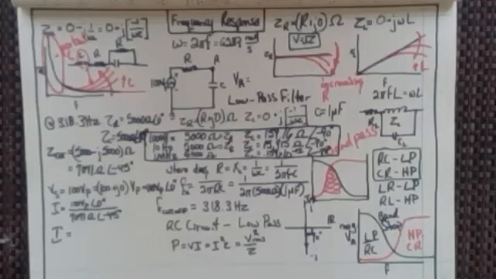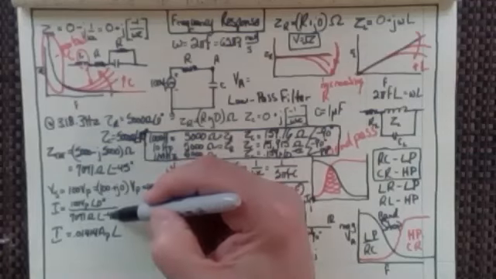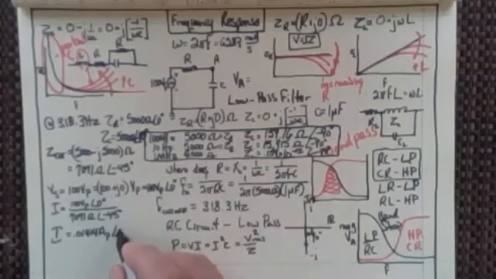Well, no, that's not right. 100 divided by 7,071 is 0.01414. Where have we seen that before? Amps peak at an angle. Now let's do the angle. 0 minus a minus 45 gives me a plus 45 degrees, doesn't it?